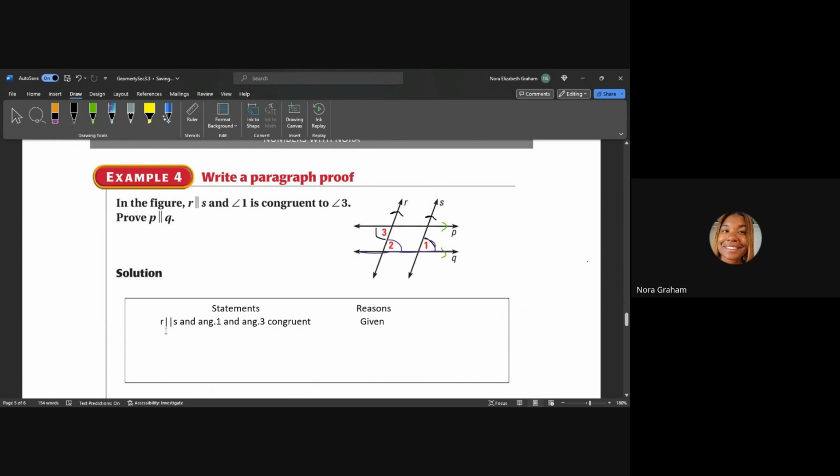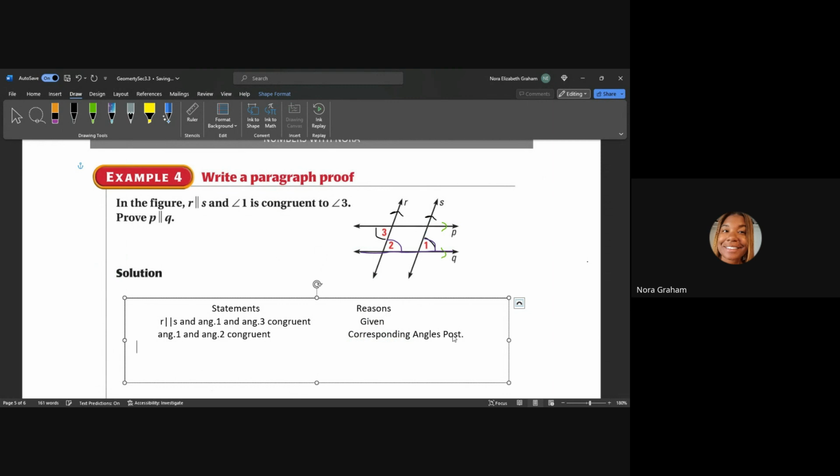So let's include that: angle 1 and angle 2 are congruent, and our reason is the corresponding angles postulate. It's not going to be the converse because they already gave us that these lines are parallel. So 1 and 2 have to be congruent. It's not the converse, it's just the regular corresponding angles postulate.